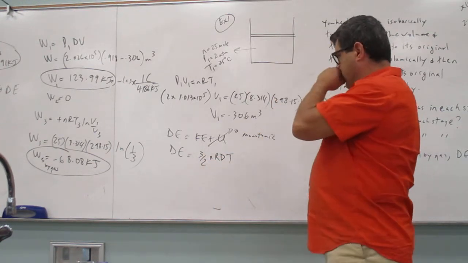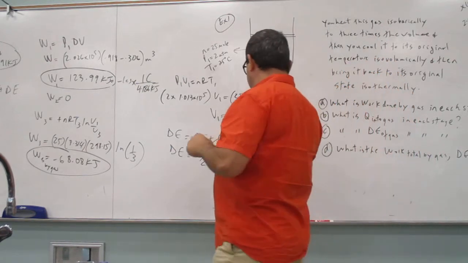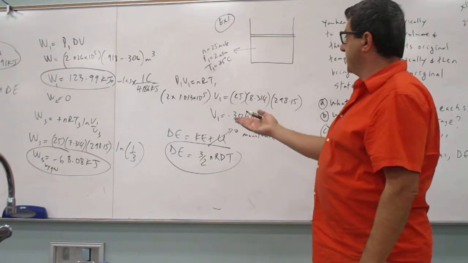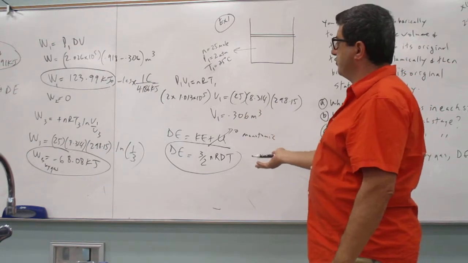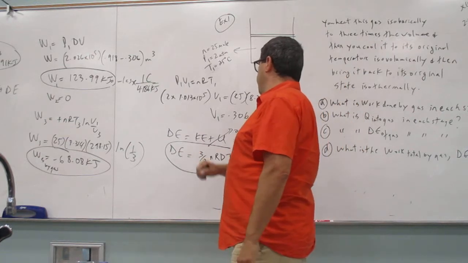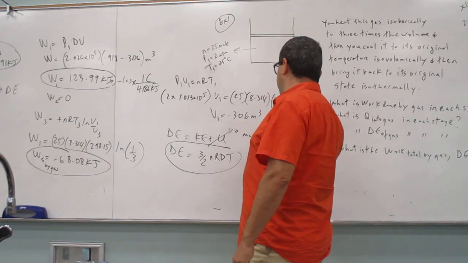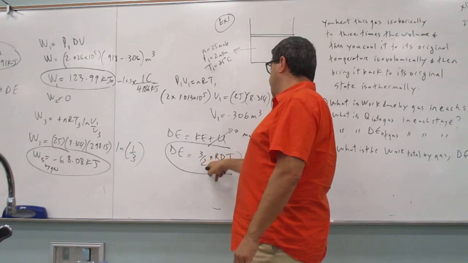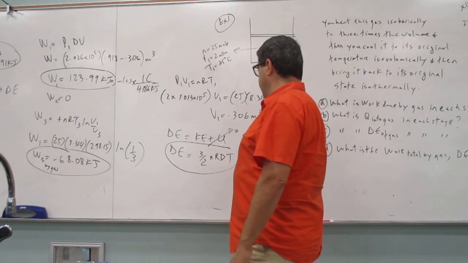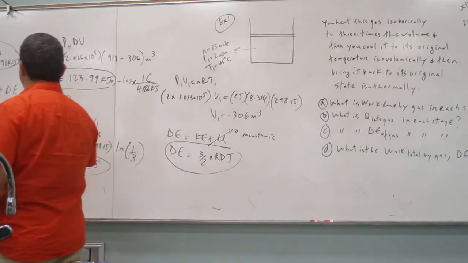So that's kind of bringing in what we're going to discuss in chapter 21 into chapter 20. So for now, we're just going to do monatomic gases. For monatomic gas it's 3 halves nR delta T.